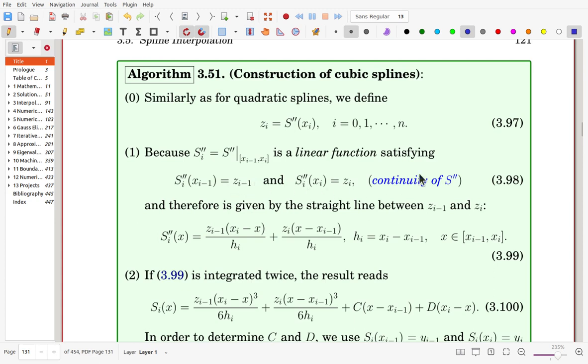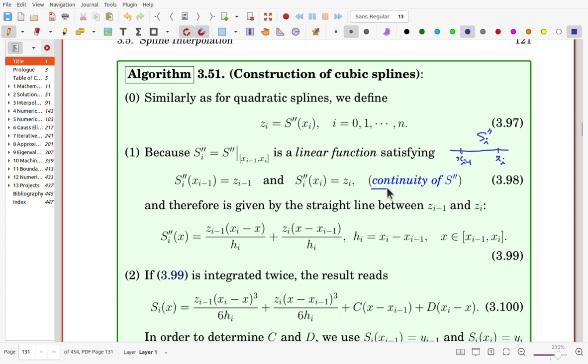Now, Si is defined on the ith subinterval xi-1 to xi, and Si double prime is also here. At the left edge point, the value must be Zi-1, and at the right edge point, the value must be Zi.